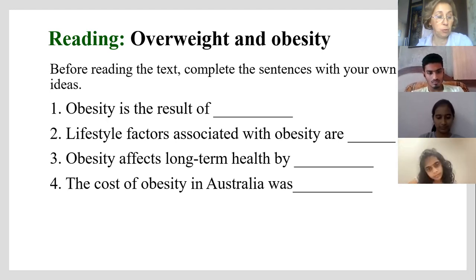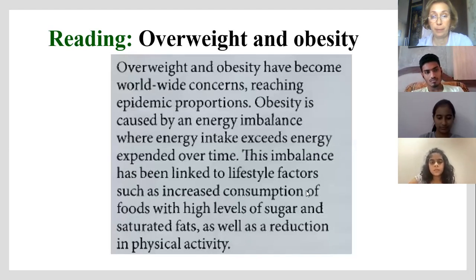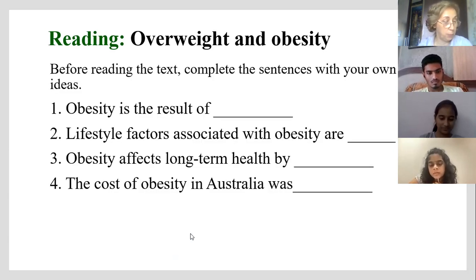Not what the energy does, but what the people do. Increasing consumption of sugar, high levels of sugars and saturated fatty acids, and not doing physical activity. Okay. So that was Bhuvanesh.